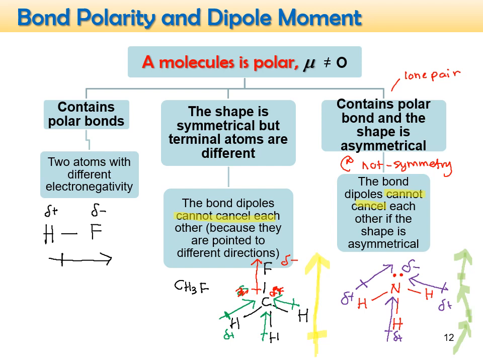So the resultant dipole moment, the sum of these three, pointing upward, and you can see clearly it cannot cancel with anything. Therefore, we can deduce the dipole moment is not equal to 0. It has a value and cannot cancel off. Therefore, this molecule NH3 is a polar molecule.